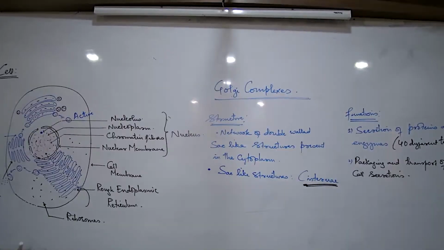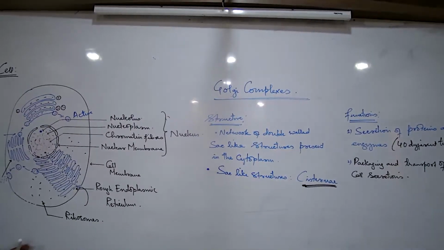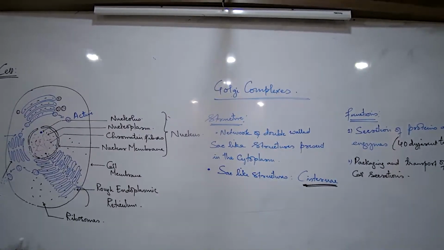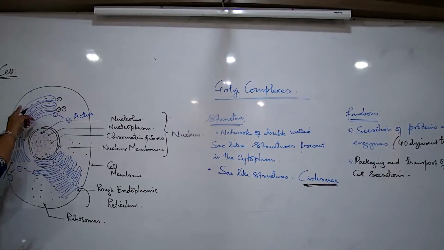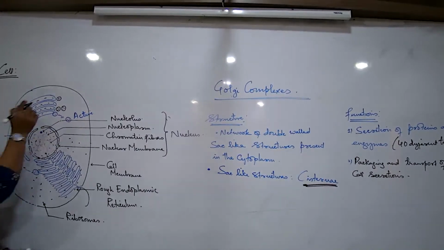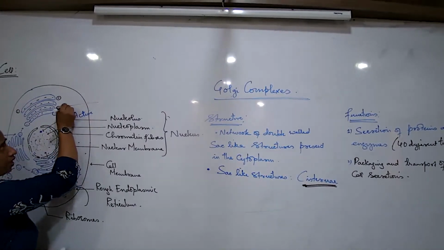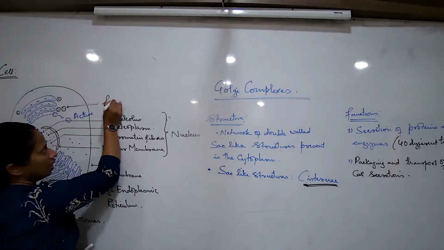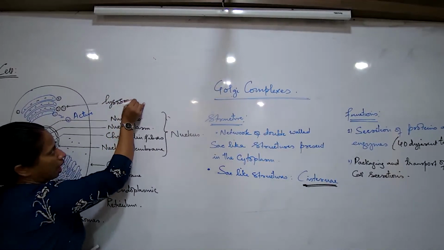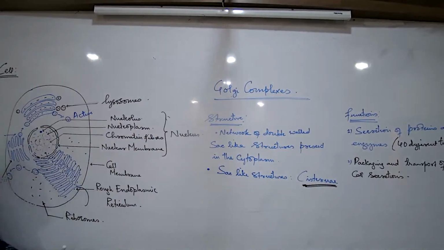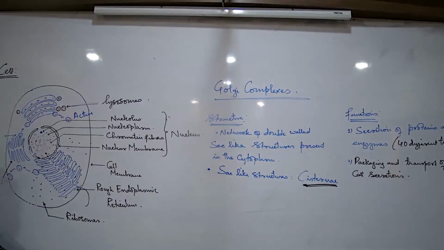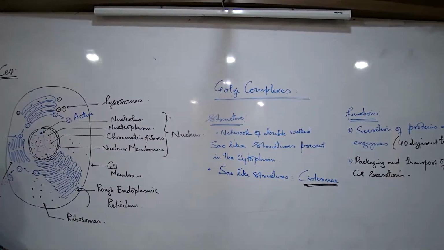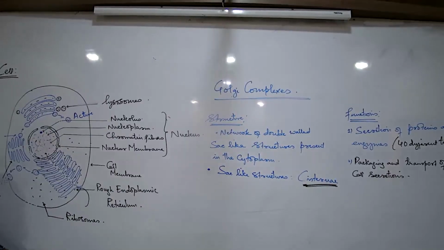But now, when I say the first function, what did I write? The first function is that it produces a variety of enzymes. It is producing 40 different types of enzymes, but there is one specific type of enzyme containing hydrolytic function, meaning very strong enzymes that can dissolve the cell membranes.